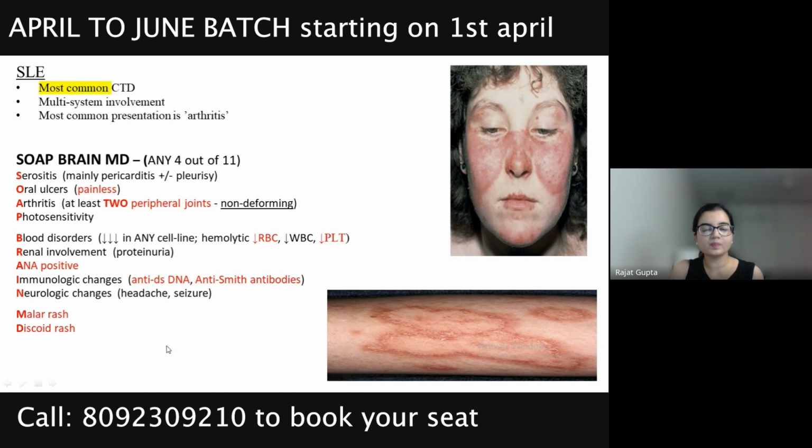So if I were to remember SLE findings, without remembering SOAP Brain MD, I would remember that there's joints involved, so it's inflammation of the joints, arthritis. There could be inflammation of the lungs, there could be inflammation of the heart, then there can be some skin changes, so there are rashes like malar and discoid rash. There can be kidney involvement, so inflammation around the kidneys as well.